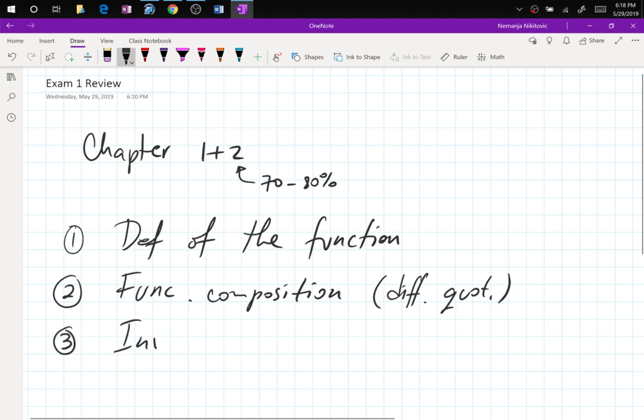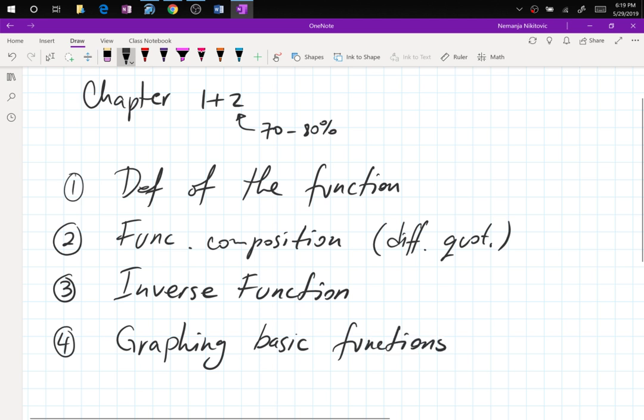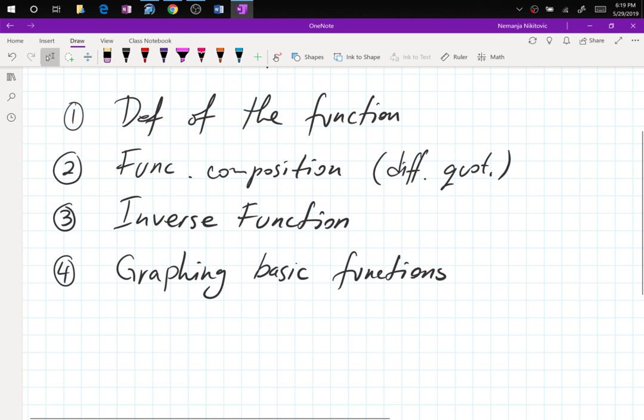Inverse function. Graphing basic functions. You have the list in your notes: x cubed, square root of x, ln x, e to the 3x. And all of this stuff is chapter 1.